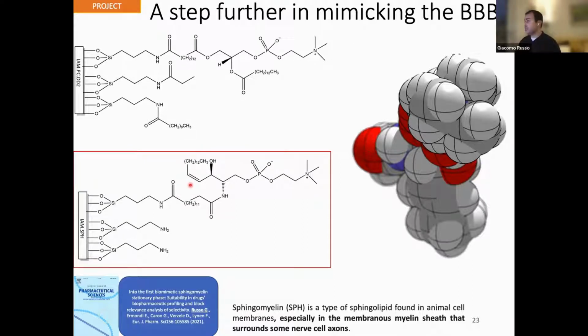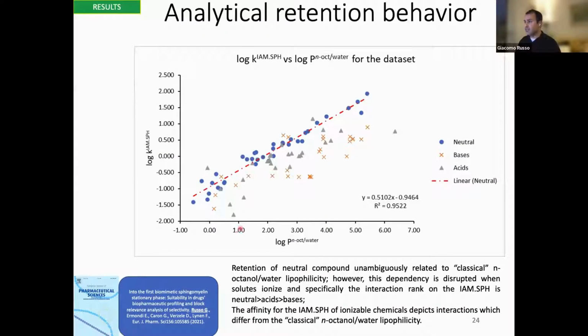So sphingomyelin is present in a concentration from 10 to 20% in all the body districts, but in the blood-brain barrier, sphingomyelin concentration rises up to 35%. So it is essentially the lipid that is most represented in the blood-brain barrier. So we really want to study the selectivity of this stationary phase.